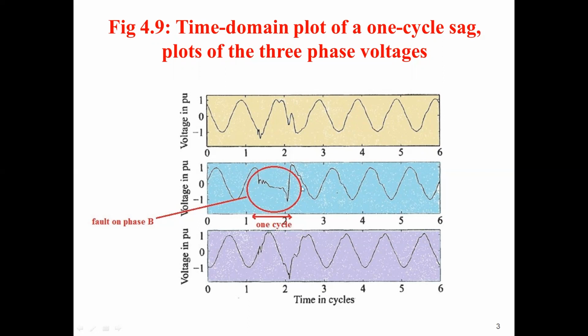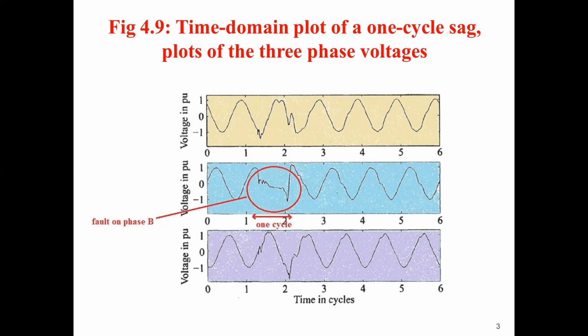But when coming to the three-phase system and fault is appearing on one of the phases, you can see here the voltage sag is available in phase B. But at the same time, slight transients are available in the remaining two phases which are non-faulted phases.